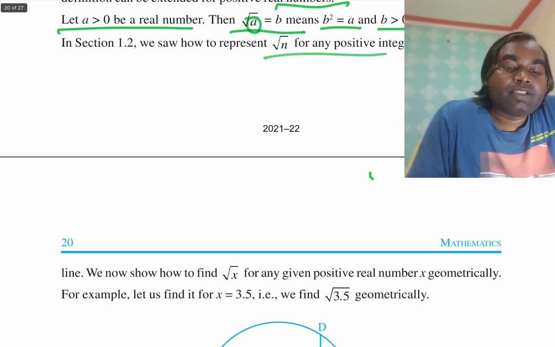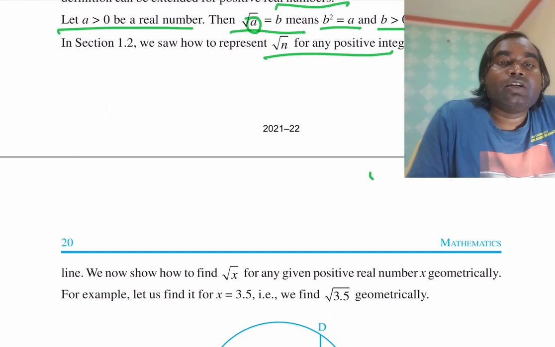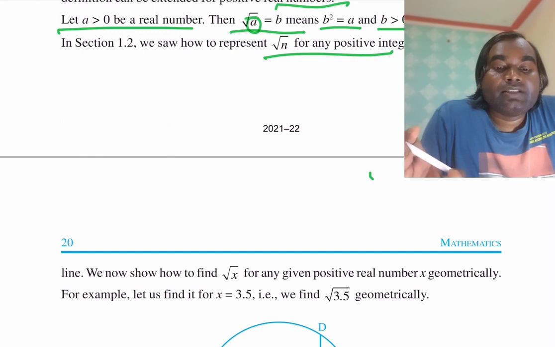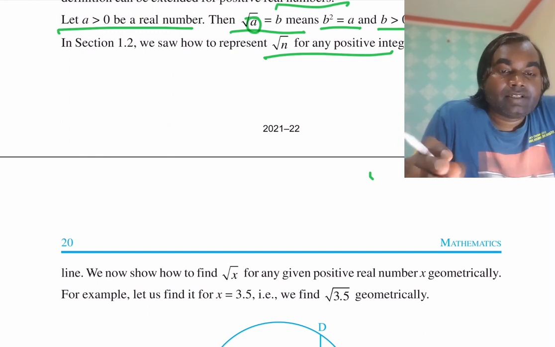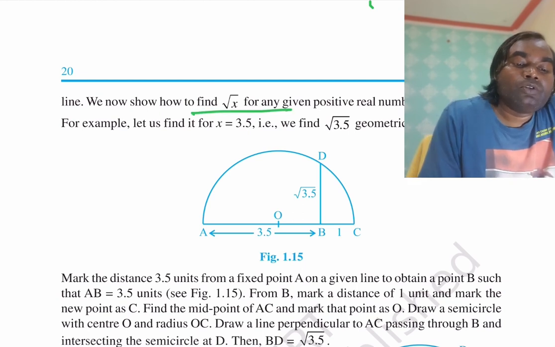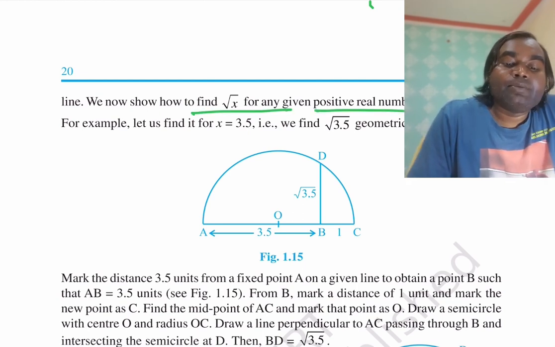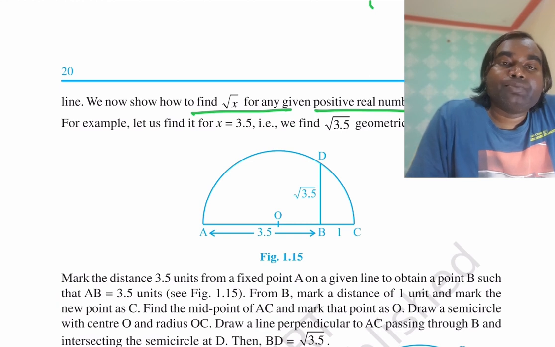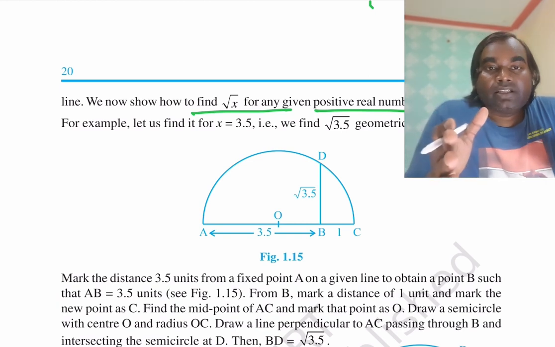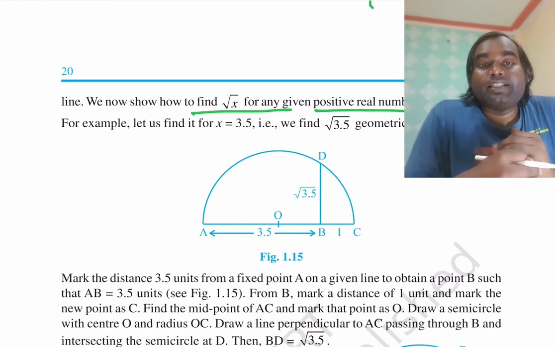Also we have learned that the square root of any integer can be represented on the number line, right? So we now show how to find the square root for any given real number. Previously we saw that we can represent the square root of any integer.